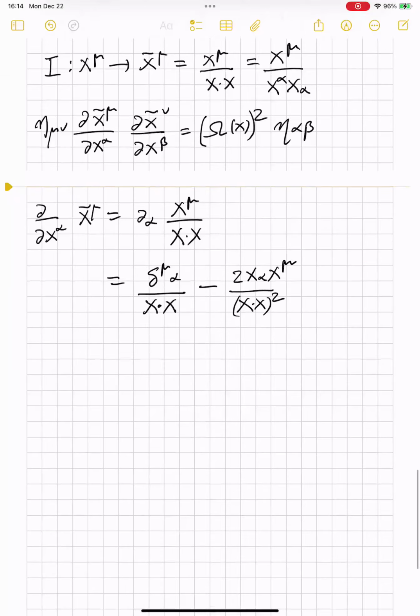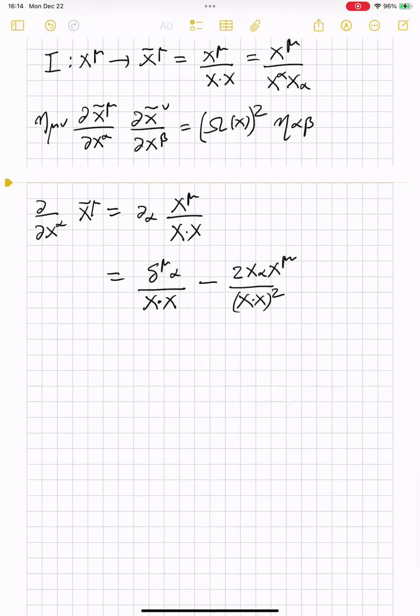So this is what the answer is for this derivative. Now let's plug it into the above equation and see if this really is a conformal transformation.